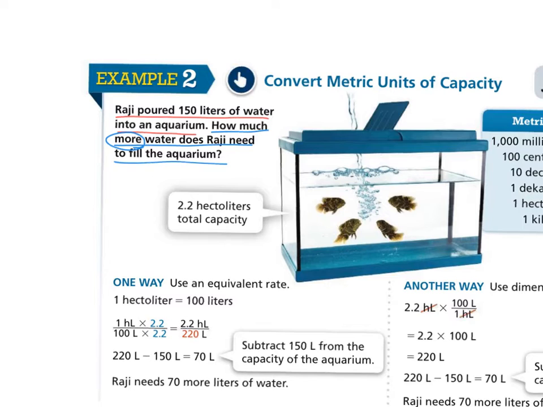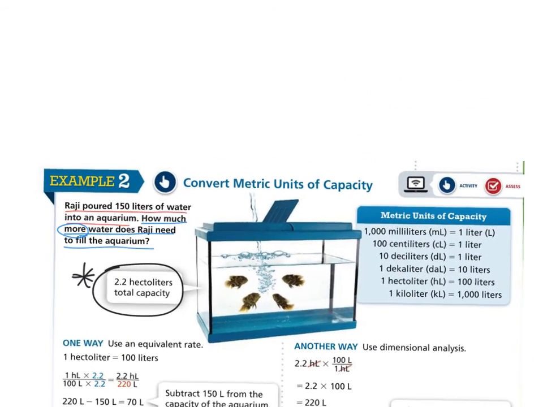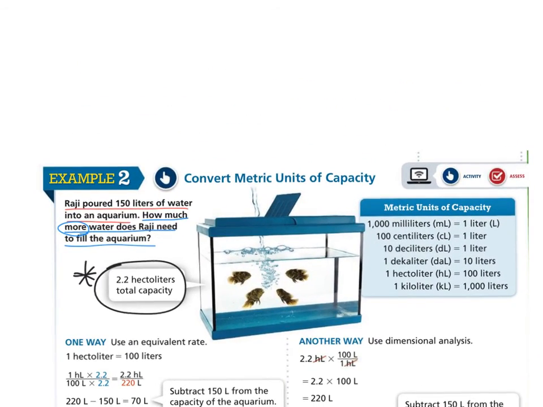So you can see here, this is not used very often either. Hecto as a prefix is not used a whole lot from what I've seen. But anyway, if we have 2.2 hectoliters, and we're trying to figure out how many liters that is.